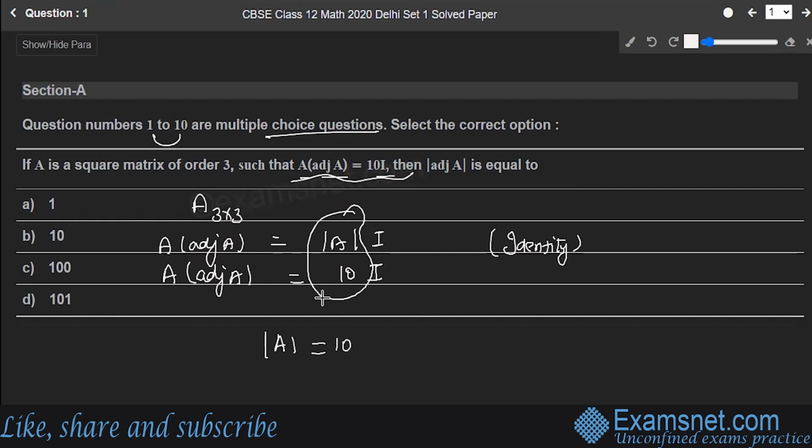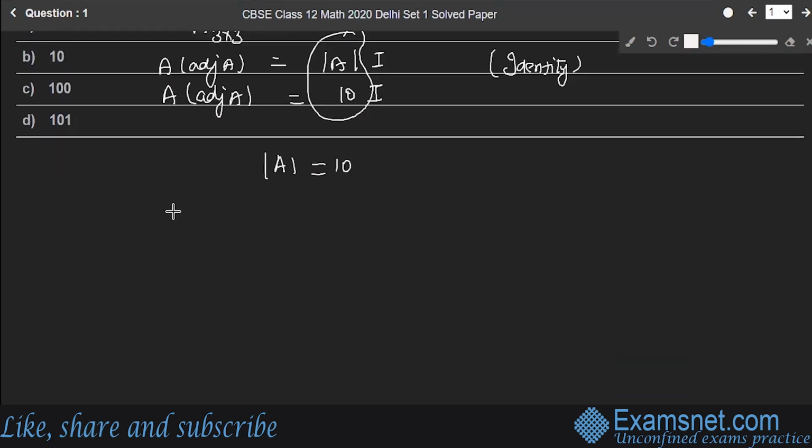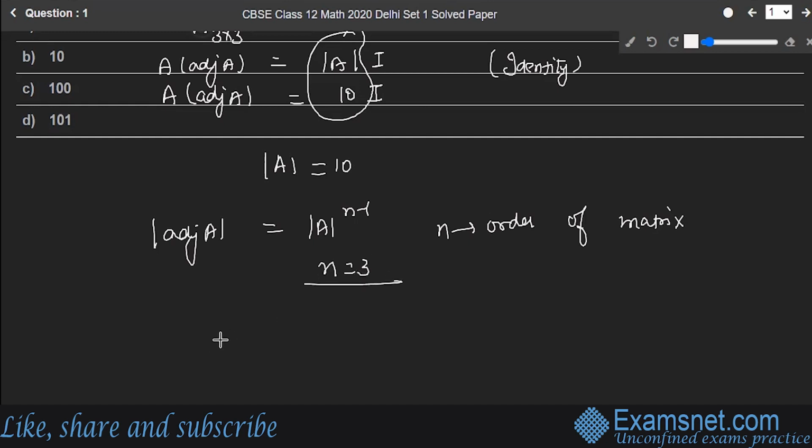If A's determinant is equal to 10, then you have one more formula. Determinant of adjoint of A is equal to determinant of A raised to power n minus 1, where n is the order of the matrix. Here in this question, n is equal to 3.